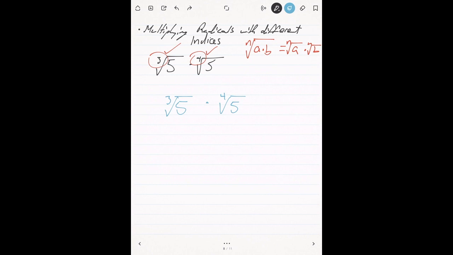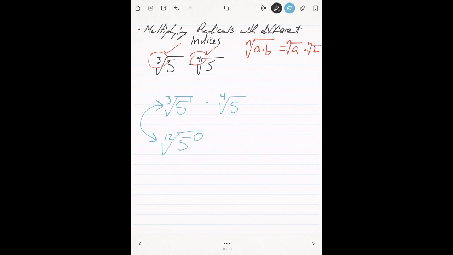Well, the first one that comes to mind for me is 12. So could I turn this cube root of 5 into something of the 12th root and have it be equivalent, have them be the exact same thing? So if I take the cube root of 5, if I wanted to get it to be of the 12th root, I would have to raise 5 to some exponent.